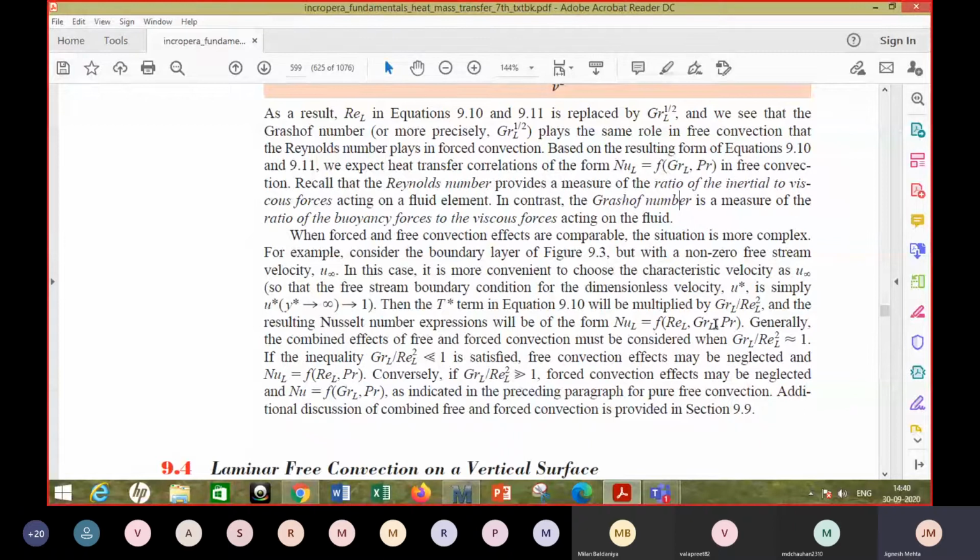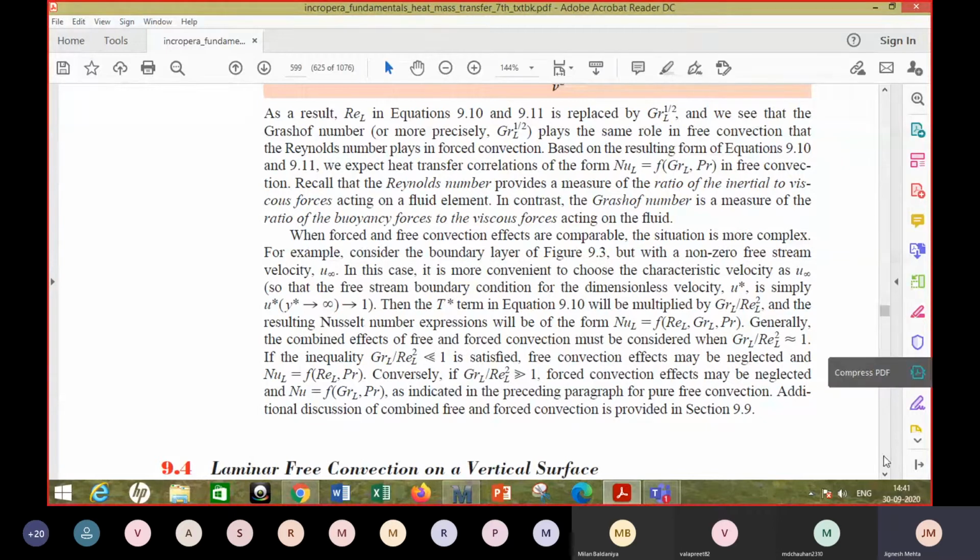But there are possibilities when both of them are playing some role, and both of them are helping the heat transfer phenomena. Or it may be happening that one of them is more dominant and the other one is not contributing much, or even opposing it. So all such combinations are possible.